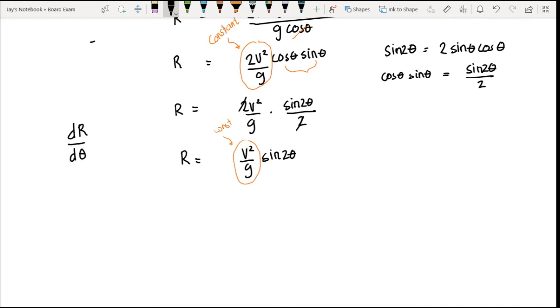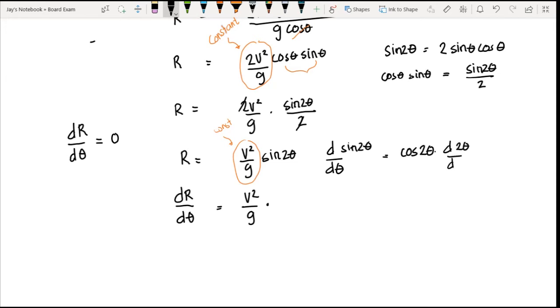But in order to compute for the maximum point, we have to equate this to 0. In this case, we have the derivative of the range with respect to the angle. So we derive this one, and we retain the constant v squared over g, times, if we derive sine 2 theta with respect to theta, that means we have cosine of 2 theta, then we derive the angle 2 theta with respect to theta.